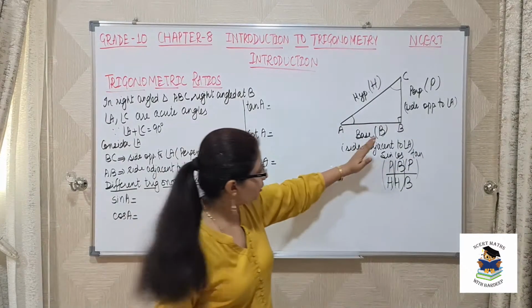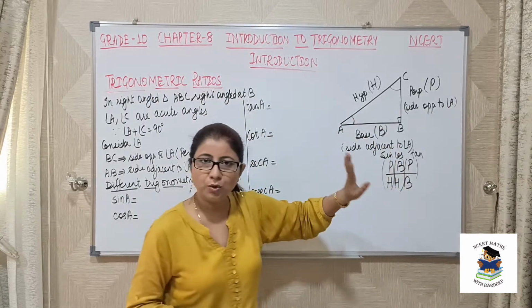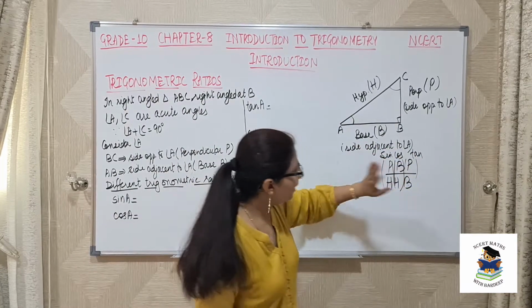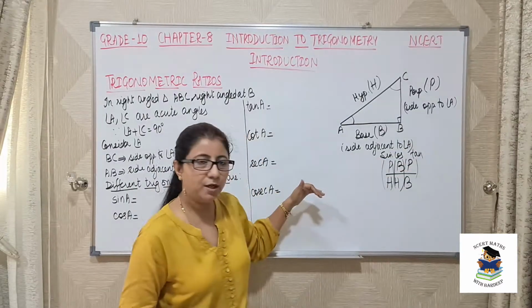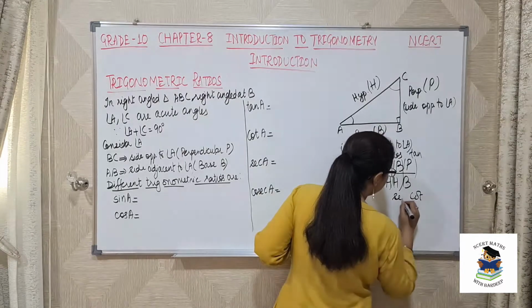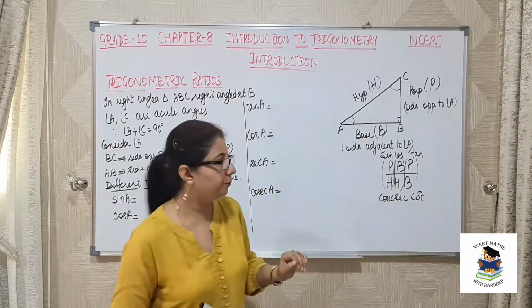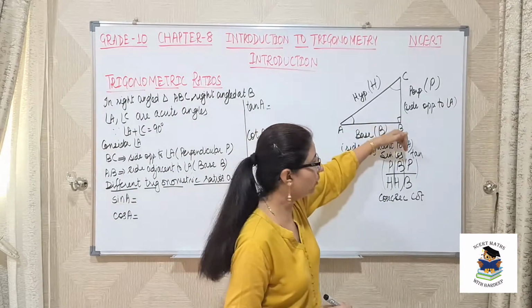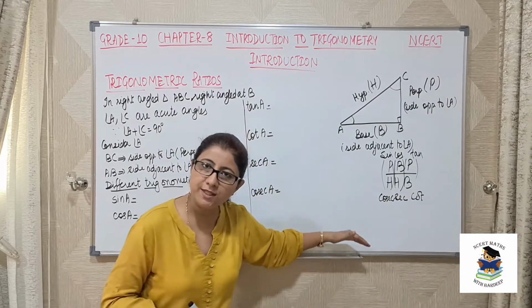So the first ratio, P by H, is sine, B by H is cosine or cos, and P by B is tangent. Then we reverse the order, so this is cotangent or cot, then secant, and then cosecant. I repeat: sine, cos, tan, then cot, secant, cosecant.